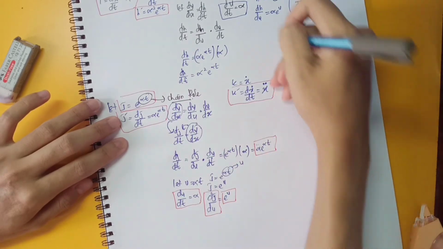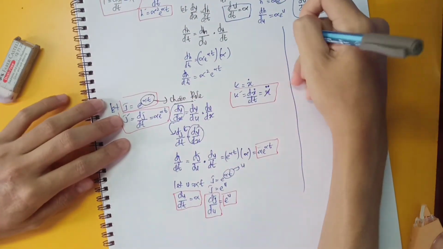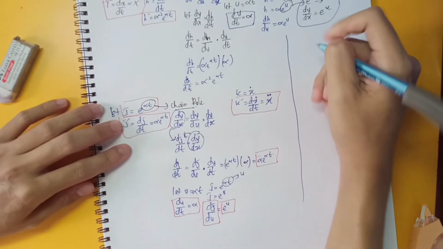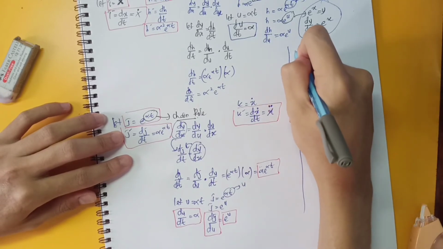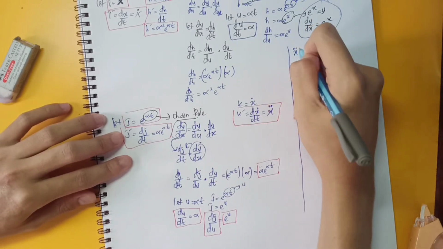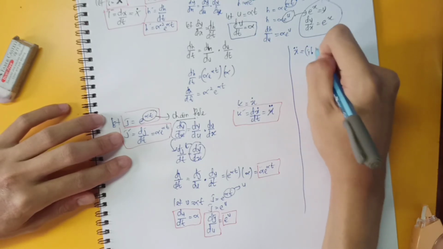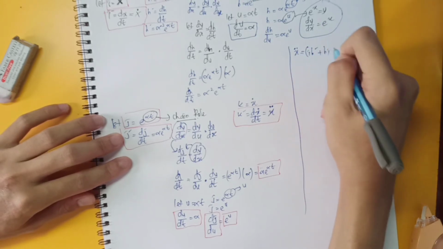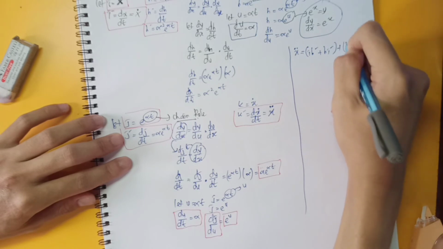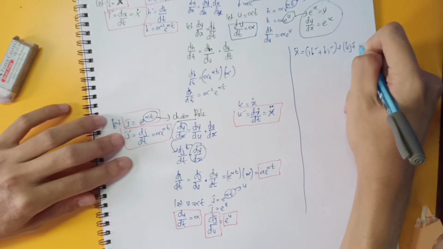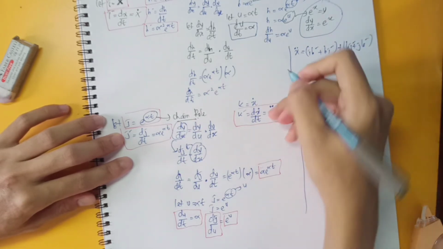So we have x double dot is equal to I h prime plus h I prime plus k j prime plus j k prime.